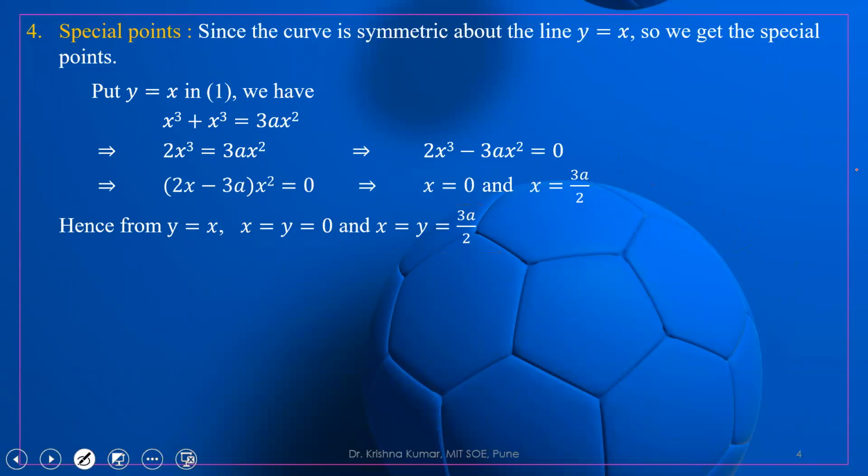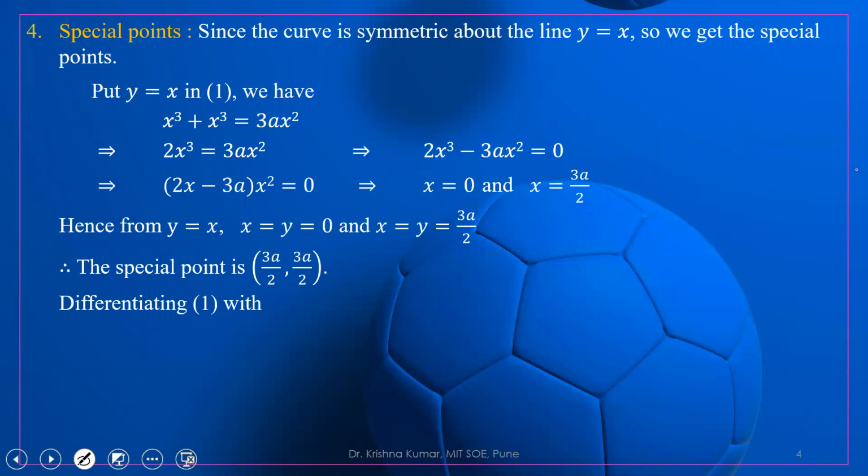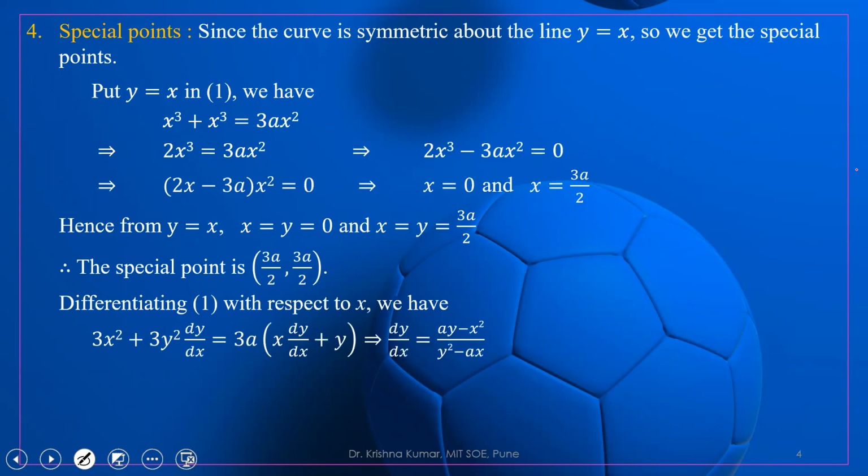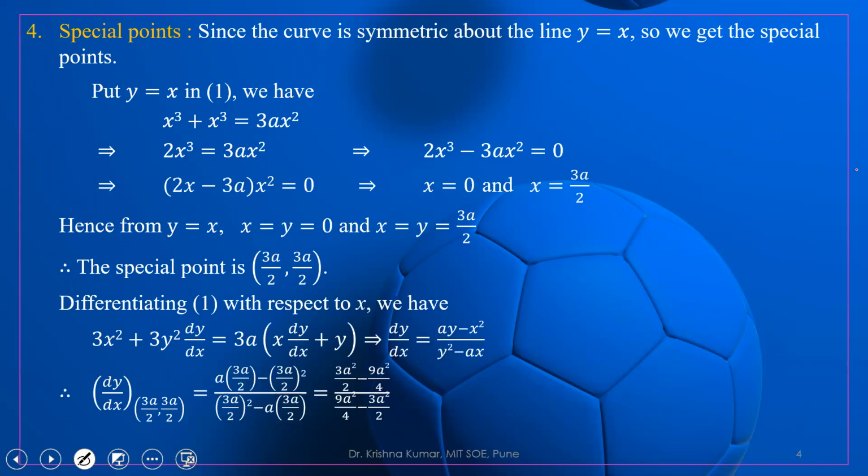If we have the special point, we should also try to find the tangent at that point. How to find the tangent at this point? Just differentiate and find dy/dx, which is equal to this. We put x equal to 3a by 2 and y equal to 3a by 2, and we get its value as minus 1. So tan theta is equal to minus 1, which means theta equal to 135 degrees.